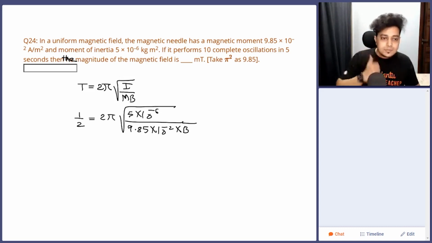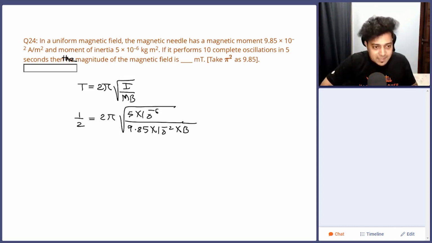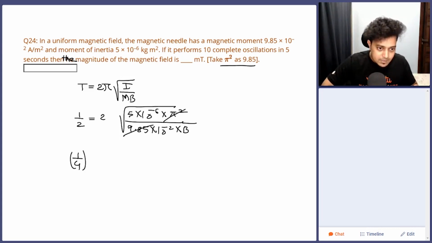Clear? So now what to do? We can pull that pi square inside. It will be easy to solve. If I pull that pi square inside, then it will become pi square. Notice that pi square is 9.85, so this and this will get cancelled. This will be 1 by 4 square. Here 5 into 10 raised to minus 6 and 10 raised to minus 3 into B. Simplify now.